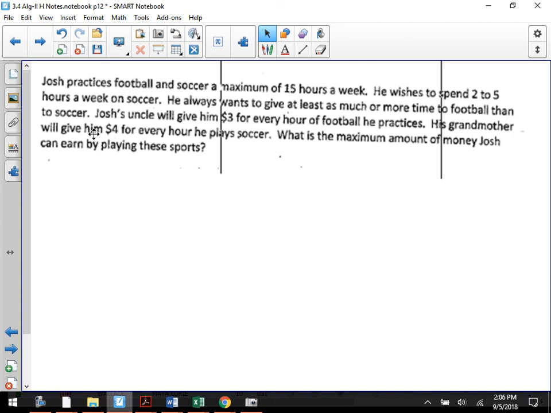How much money does he make for playing football? $3 for football. And how much for soccer? $4. There's your objective: make as much money from Grandma and Uncle Bill.